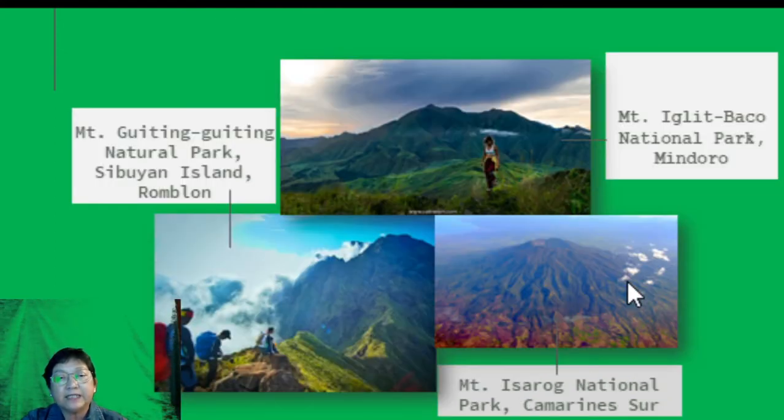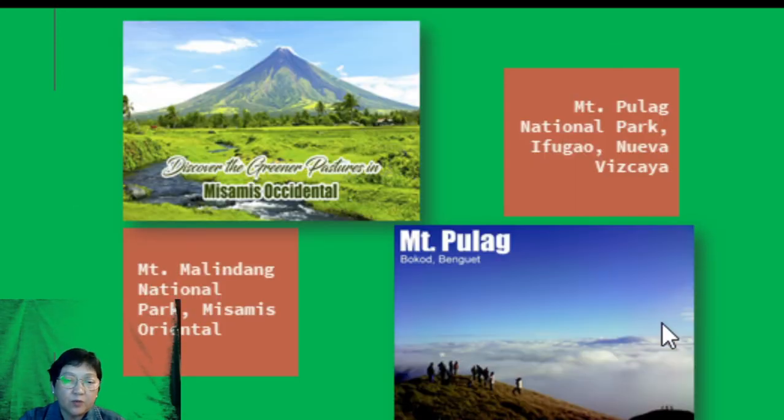We have Mount Hamiguitan, the Sibuyan Island Natural Park, and Mount Iglit-Baco National Park, found in Mindoro. We also have Mount Isarog National Park, which is found in Camarines Sur. We also have the Mount Malindang National Park in Misamis Oriental, and the Mount Pulag National Park in Ifugao and Nueva Vizcaya.